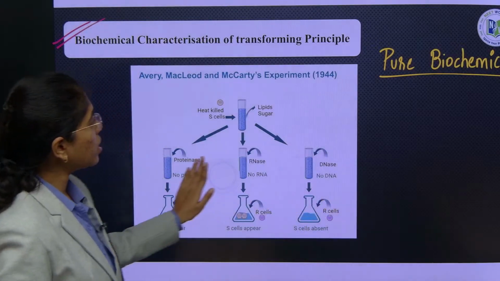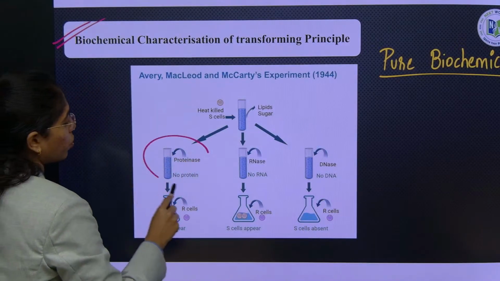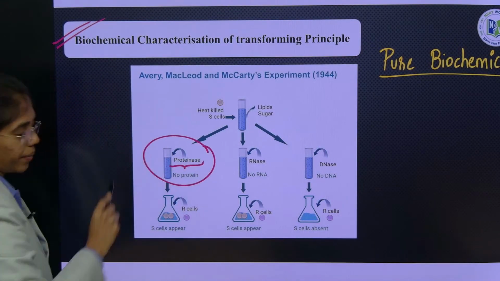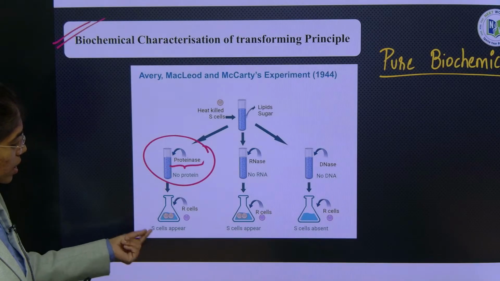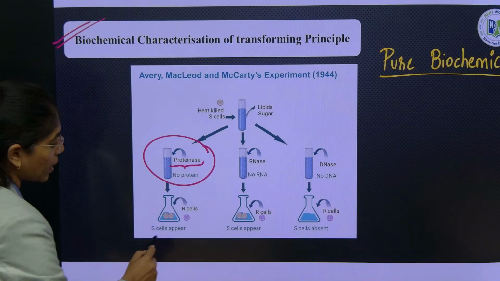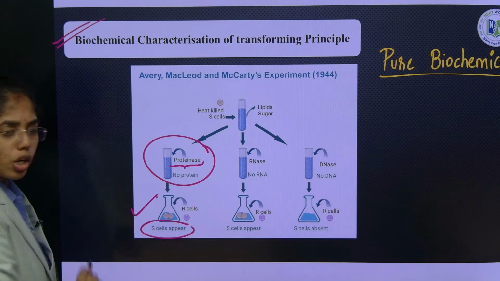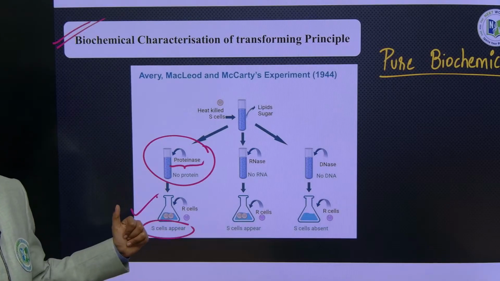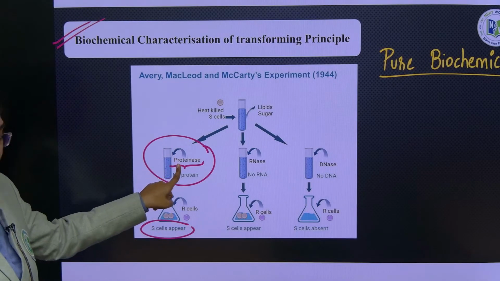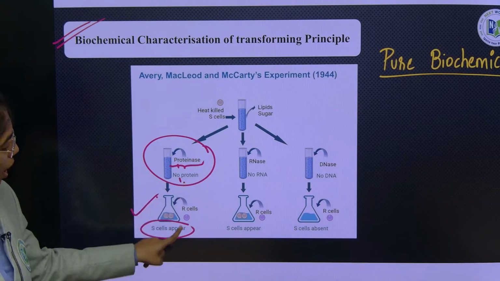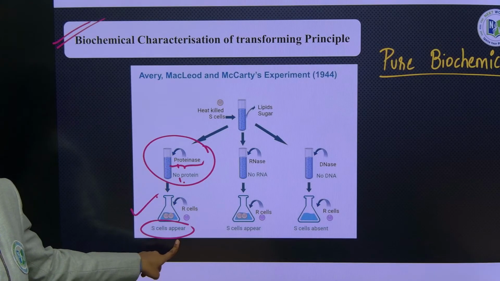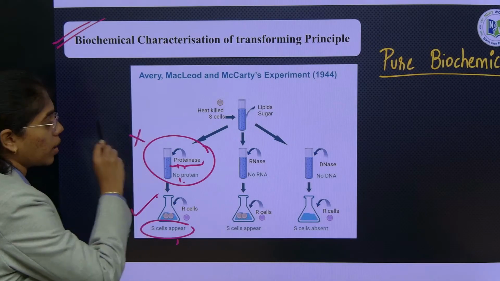Into one of the test tubes, proteinase is added. Proteinase will digest what? Proteins, and that is injected into the mice. The mice survive and S cells are appearing. So this is not affecting the transformation. When proteinase is added, only proteins are degraded, and that does not affect the process of transformation. So it is not protein.